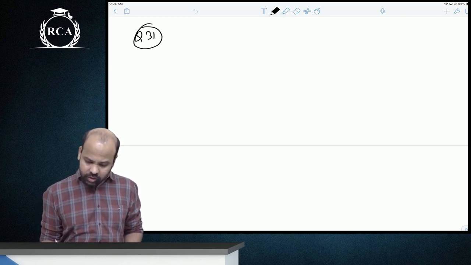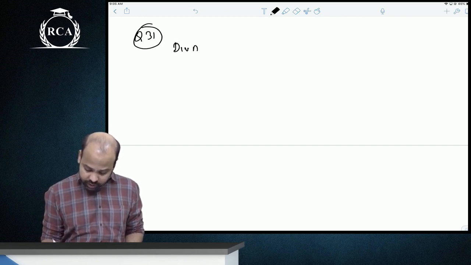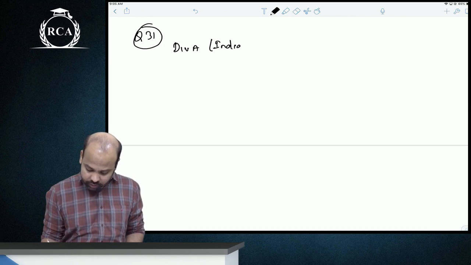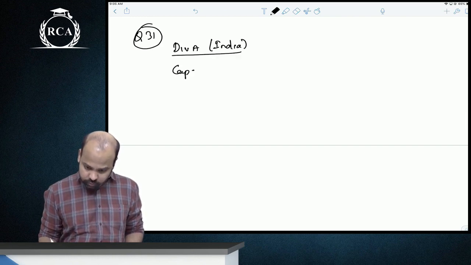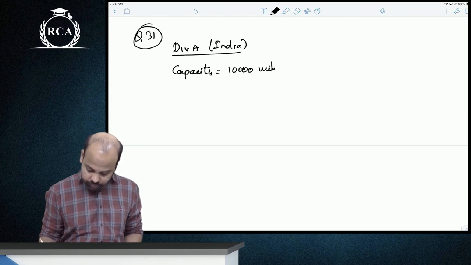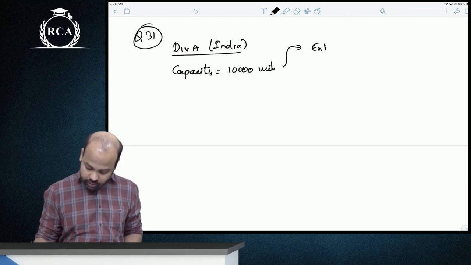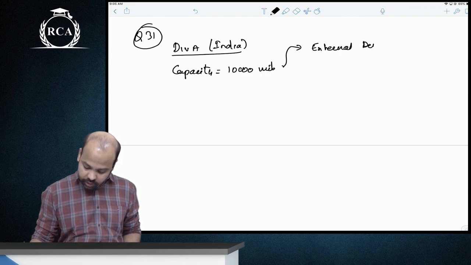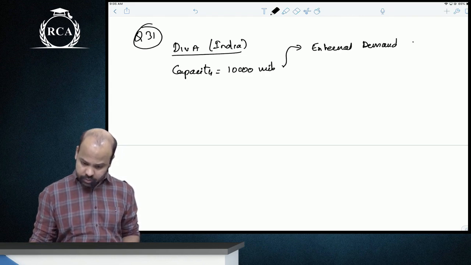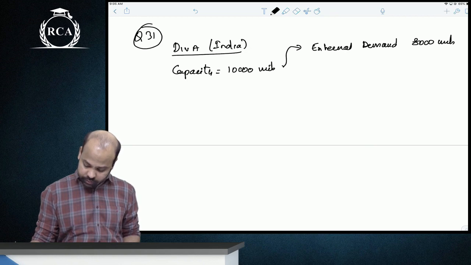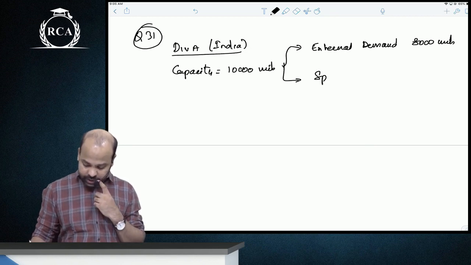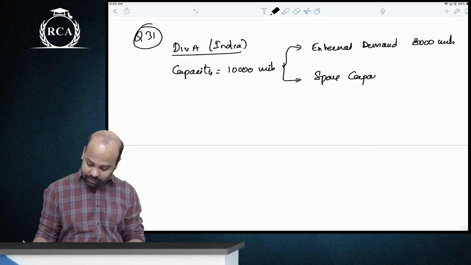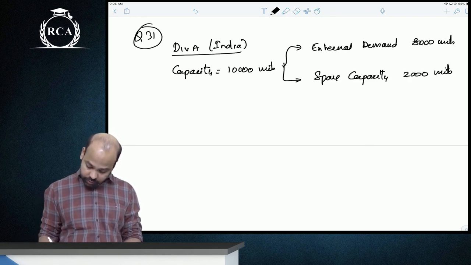Question number 31. Listen, division A in India. Capacity is 10,000 units. External demand is 8,000 units. Spare capacity is 2,000 units.